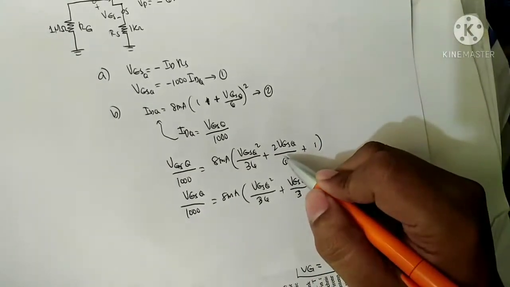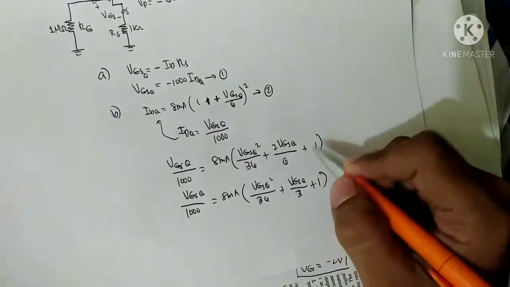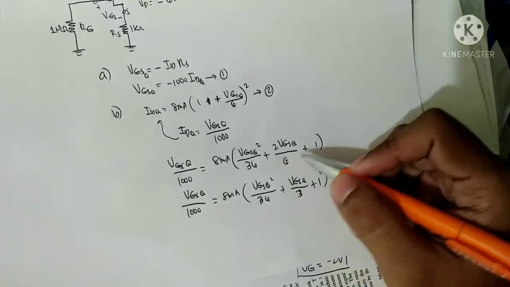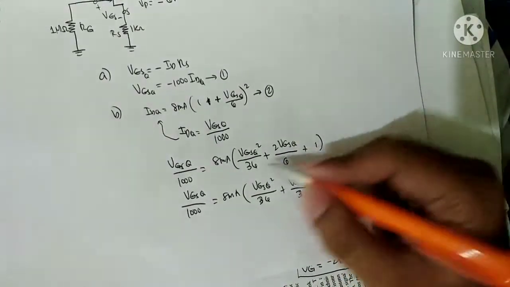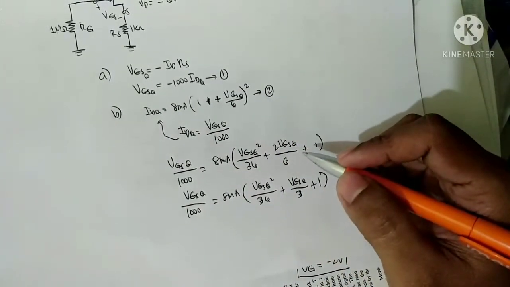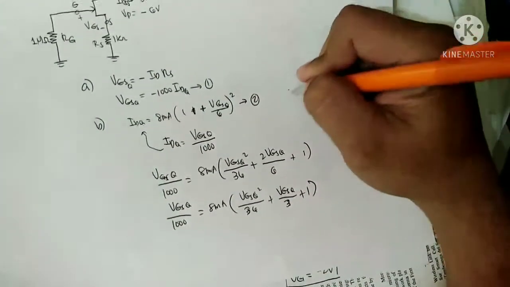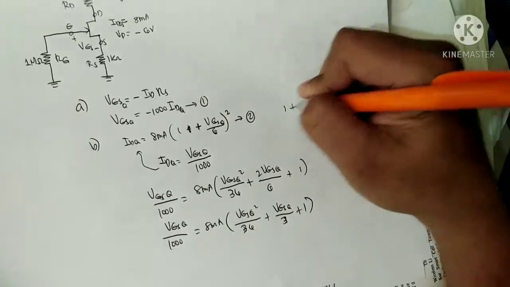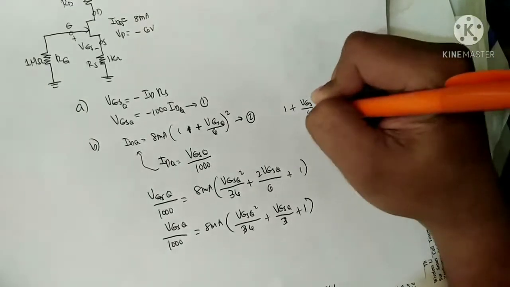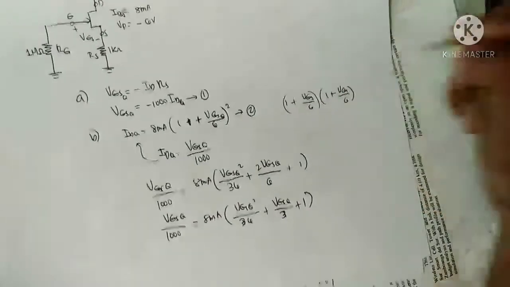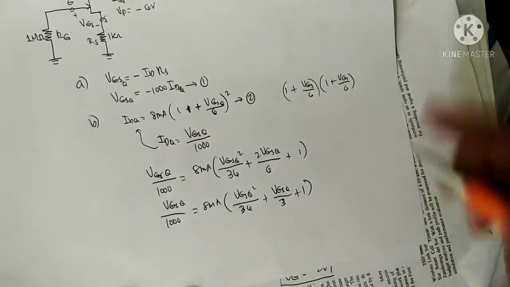You're going to use your algebra, the FOIL method or the special product, to come up with this. In this case I used the FOIL method, for example (1 plus VGS over 6) times (1 plus VGS over 6). You're going to use the FOIL method or special product if you master the art of algebra.